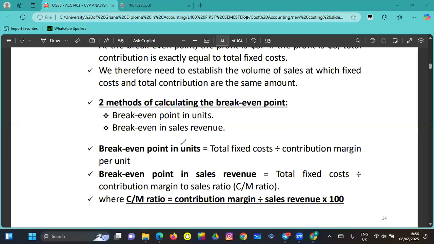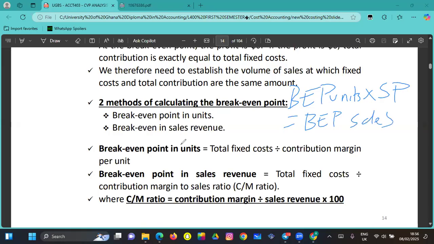We can multiply the break-even point in units that we calculated by the selling price, and we get break-even point in value, or break-even point in sales. Or we can also divide fixed cost over the contribution margin ratio.